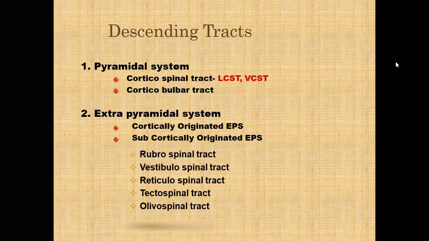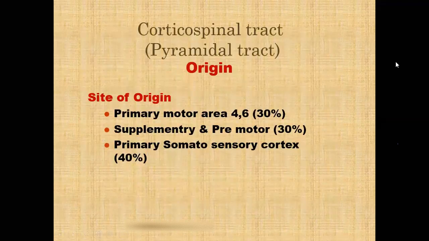Now, as I move further, I would like to tell you about the corticospinal tracts or the pyramidal tracts. If we look at it in detail, go back to your first diagram and just have a look. The site of origin of these corticospinal tracts: cortico from the cortex, here the motor cortex, spinal reaching the spinal cord. 30% from primary motor areas, that are area number 4 and 6.